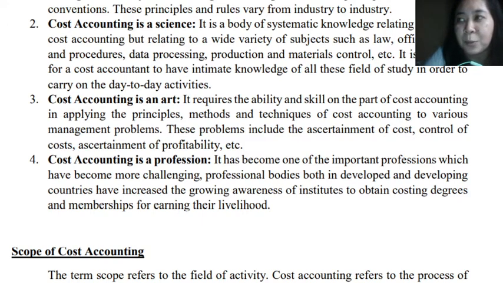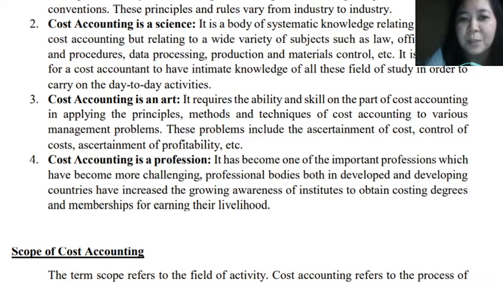So actually in cost accounting we have a lot of formulas available, but it is on how the cost accountant should use them in solving a certain management problem.